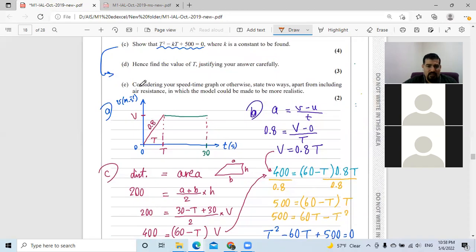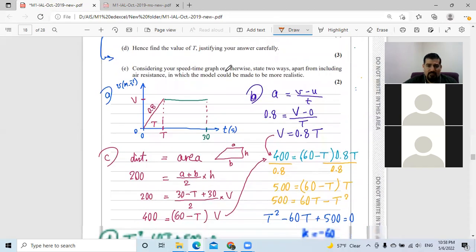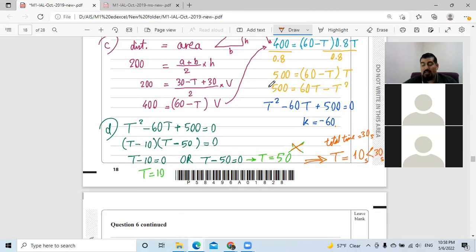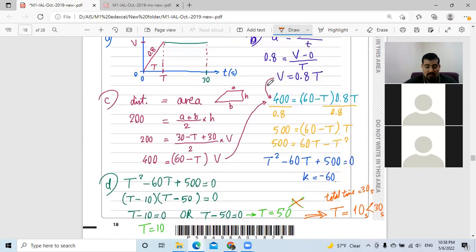Next, part E. Considering your speed-time graph or otherwise, state two ways apart from including air resistance in which the model could be made to be more realistic. To be more realistic, we know that as the speed increases, air resistance increases.